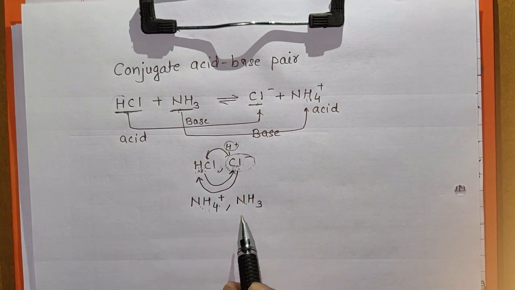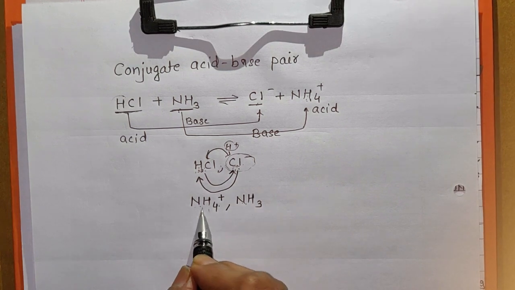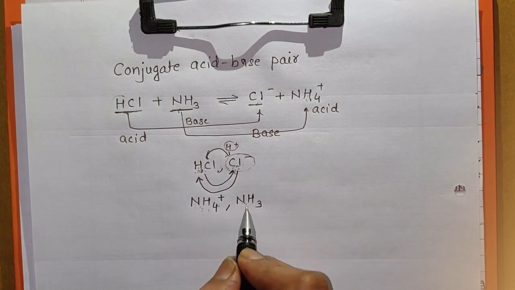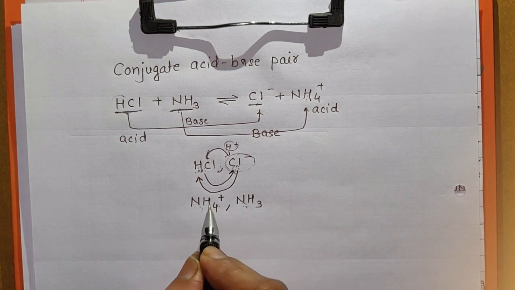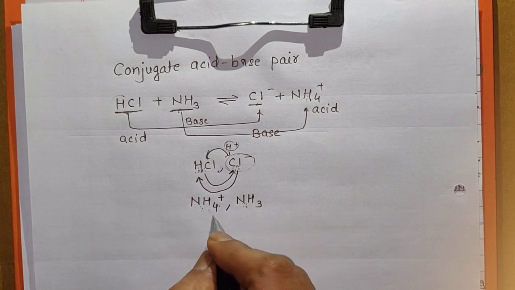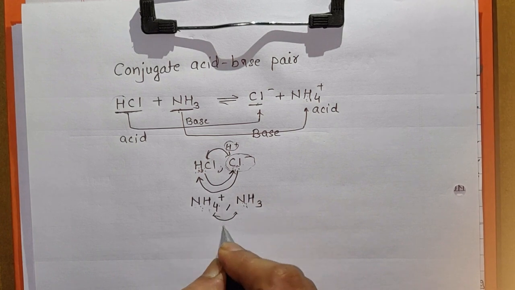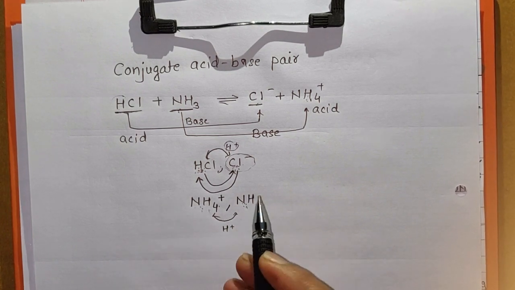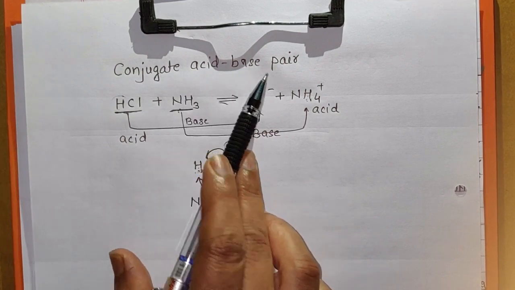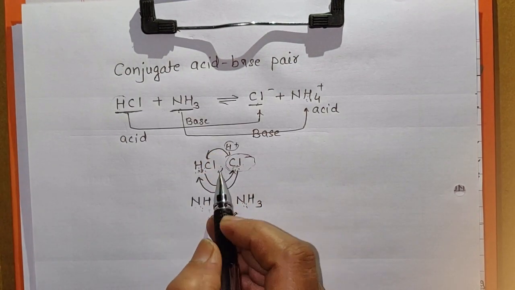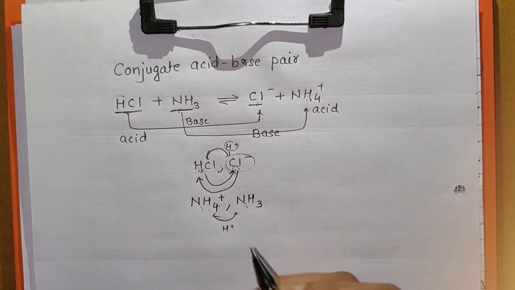Here, NH4 plus and NH3: this is the acid, this is the base, and the acid has one proton more than the base. So they differ only by a single proton. So remember that a conjugate acid base pair is a pair of acid and base which differs by only 1 proton.